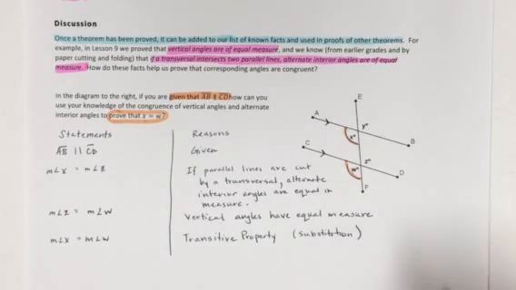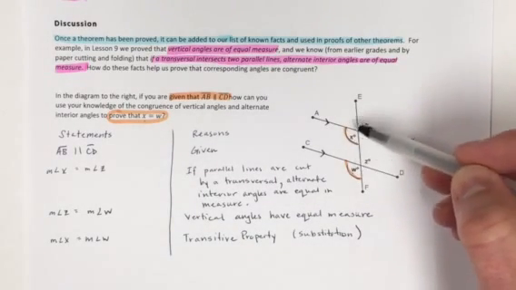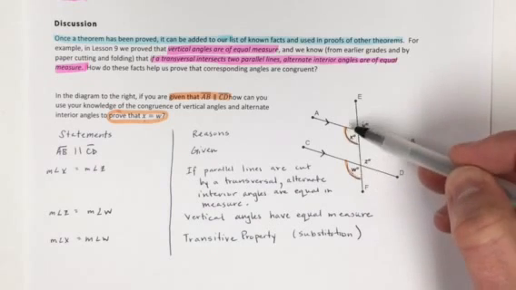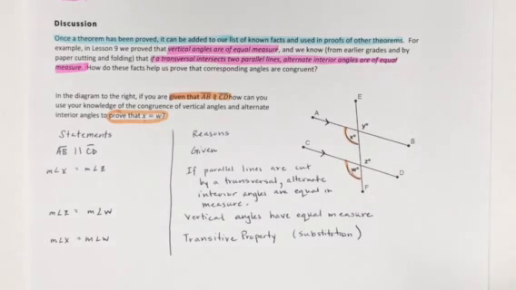What we've ultimately proven now, and that we can use long term, is that corresponding angles are congruent or equal in measure when lines are parallel.